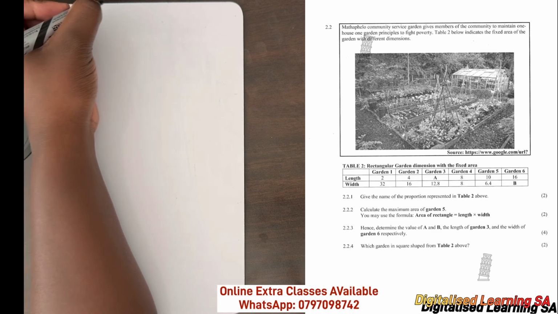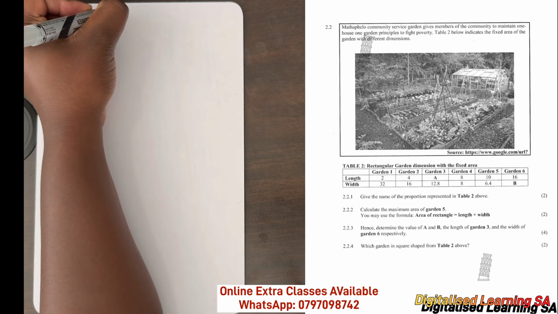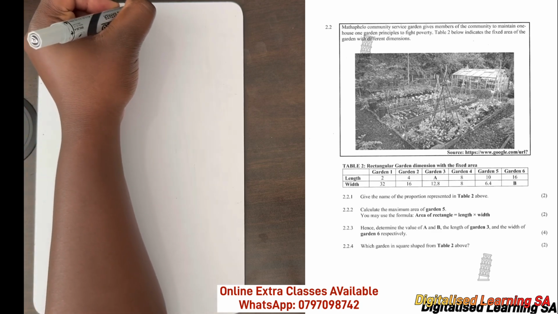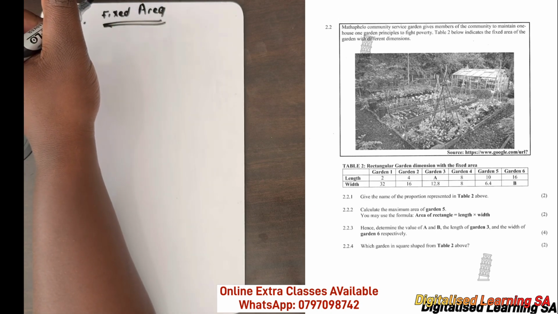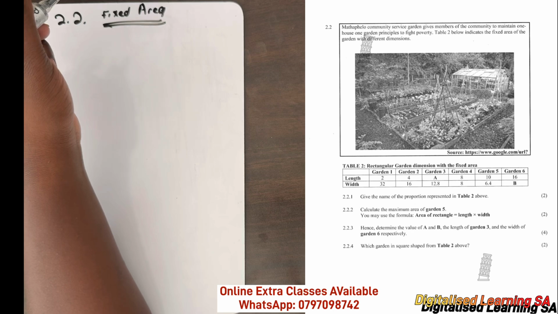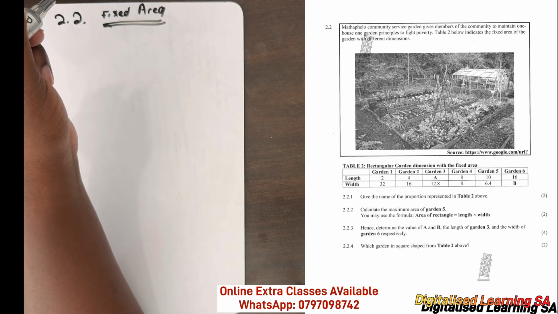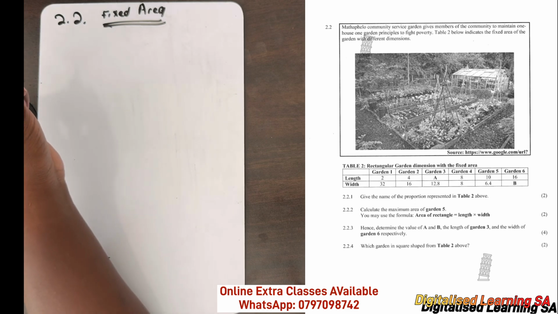That's why we are told there is a fixed area. So the area will be the same for all the gardens. Okay, so without wasting any time, let's go ahead and answer the set of questions given for this scenario or for this illustration.